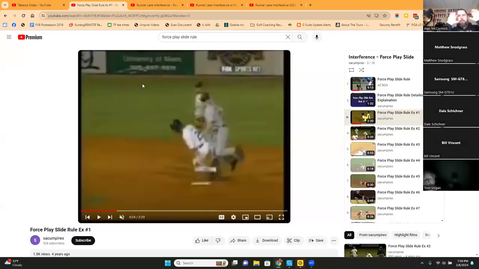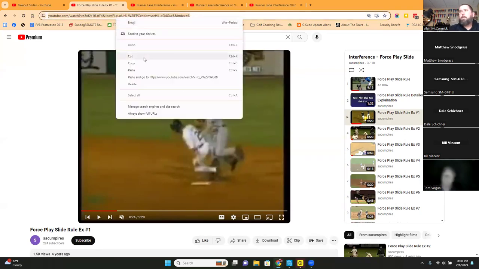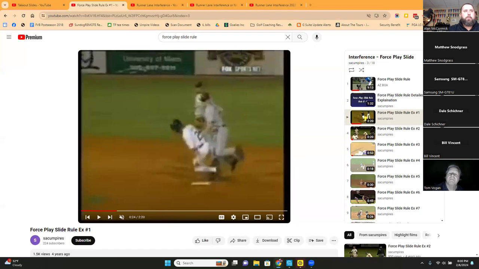All right, so we've beaten the force play slide rule to death. This is where I stole some from the videos. This actually gives a whole list of force play slide rule examples, right? Kind of beating it to death a little bit, but from what we talked about, you should have a good understanding. That picture is a really good guide.